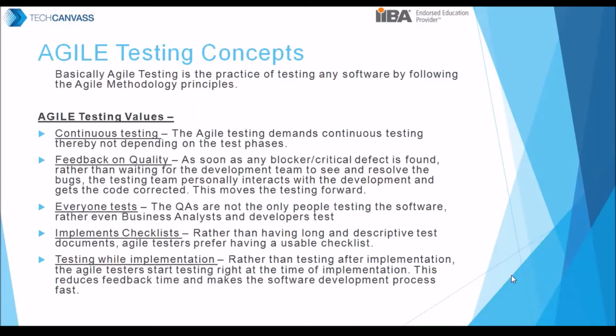Now comes the fourth point, which is everyone tests. So in Agile, yes, the responsibility of testing is with the QAs. However, it is not only the QA people who are testing. Sometimes it is business analysts and developers who are also testing. So how do developers test?